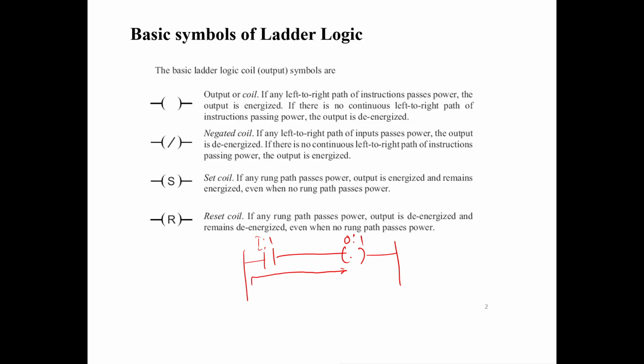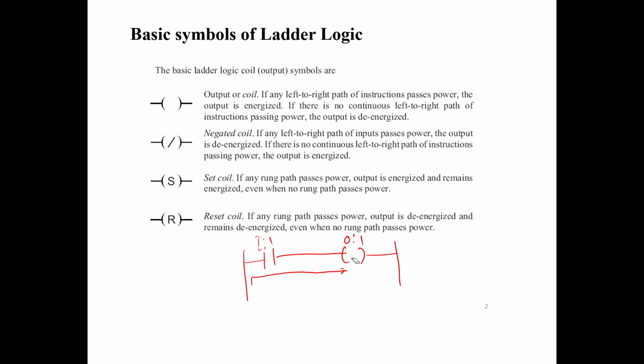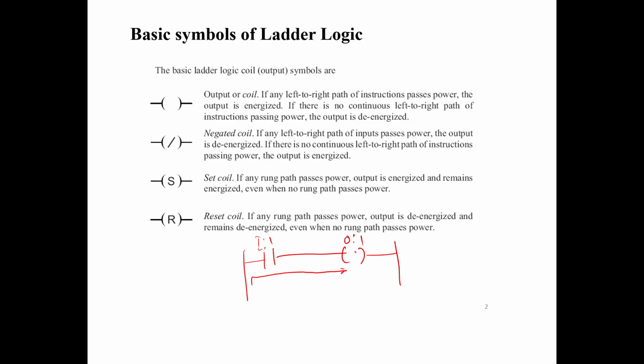But if you use a negated coil like this, then when it is not carrying current, it will be energized. When it is carrying current, it will be de-energized. You may have something called set and reset as well. If you have a set contact, when it becomes closed, meaning the condition becomes true, it will be set.